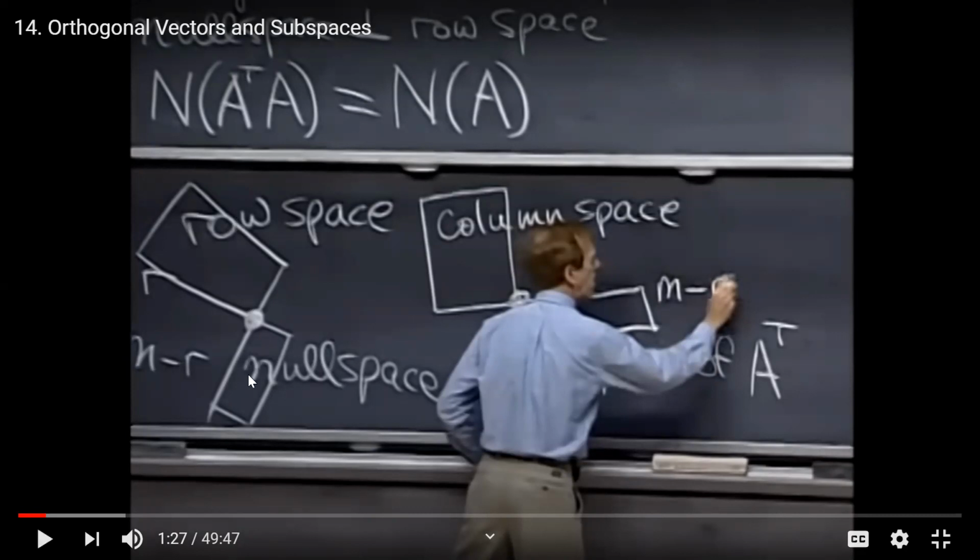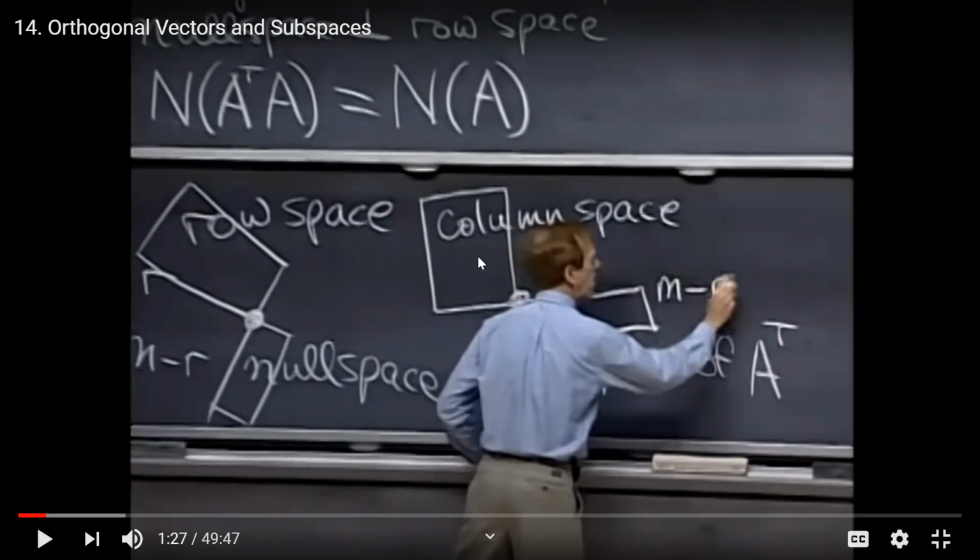Similarly, the column space and the left null space are subspaces of R raised to power m rather than n. In that space, the column space dimension is always the same as the row space dimension. So if this is r, then the column space will also be r, and the remaining dimension for the left null space is m minus r.